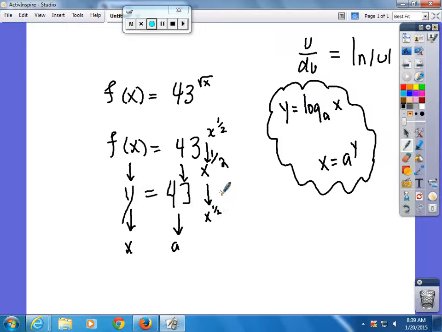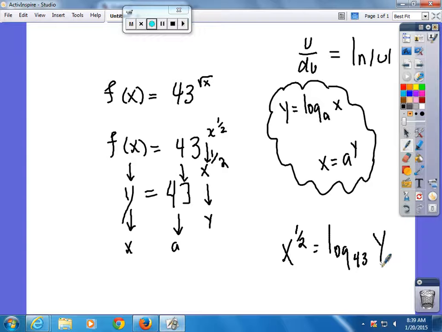That's Y, sorry. So now I'm going to say X to the 1/2 is equal to what? Log base what? Of, or I might have the X and the Y backwards, but now you got a logarithm or a natural log, it doesn't matter. Now what do you do with the natural log?